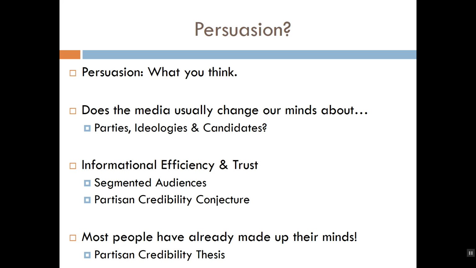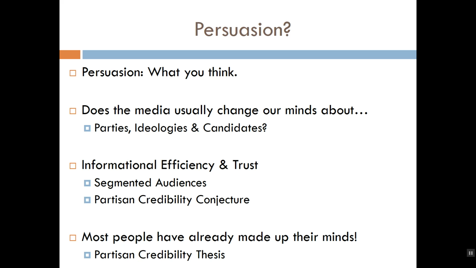Basically, the PCT or PCC tells us that we don't tend to take information seriously when it comes from people that don't share our partisan affiliation, political ideology, or issue preferences. The partisan credibility thesis is an empirical tendency of voters to place more trust in claims made by people who share their party affiliation, ideology, or political perspective.